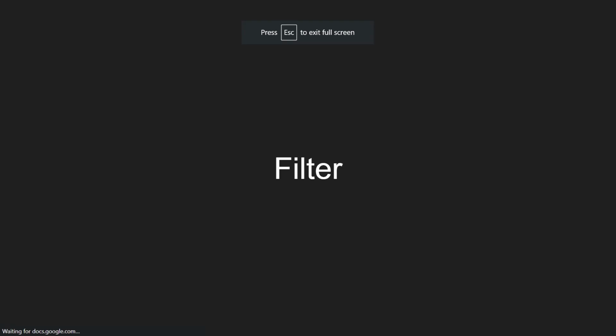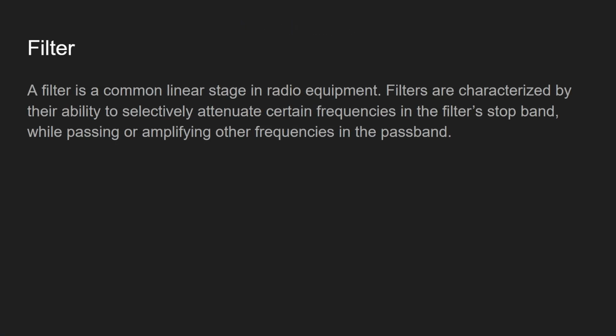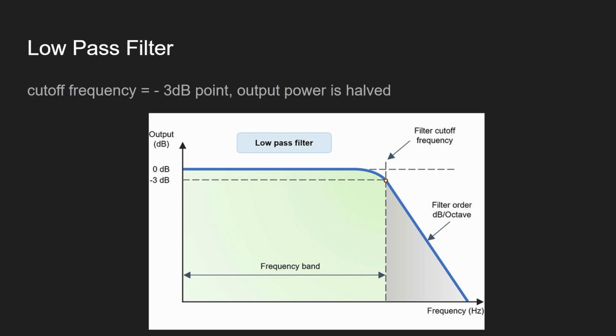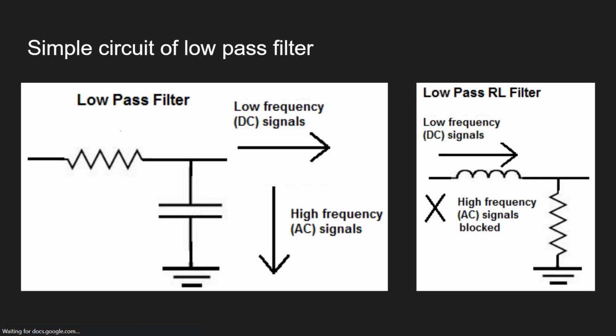Okay, filter. What is a filter? In short, it allows a specific frequency to pass through, or blocks frequencies that we don't want. We've got four types of filter. Low pass filter only allows low frequency to pass through.